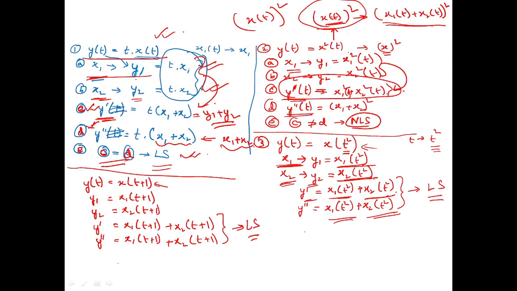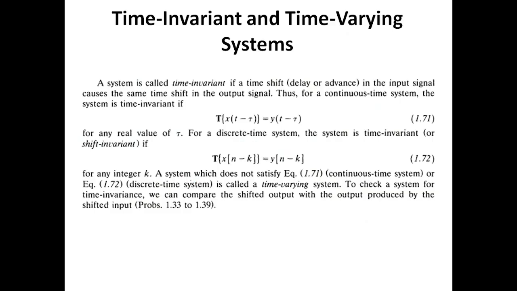So here your input is x1(t square) plus x2(t square), and that's why you have got this one. So this is a linear system, and we have already discussed this in the previous slide, so I am not continuing with that.